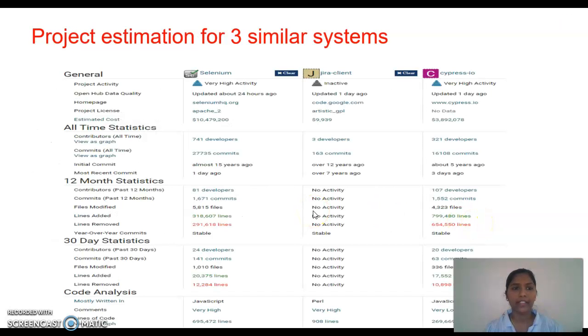In this slide, we can see the project cost estimation for three similar quality management system software: Selenium, Jira, and Cypress. Here we can see that the estimated cost for Selenium is 10 lakh dollars, and in the same way for Cypress IO.